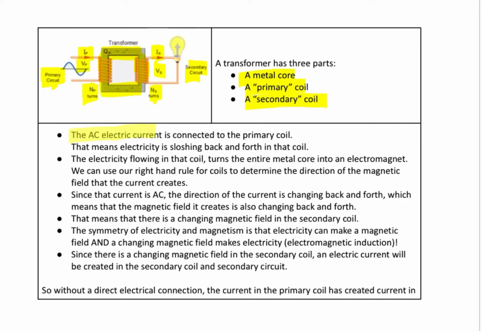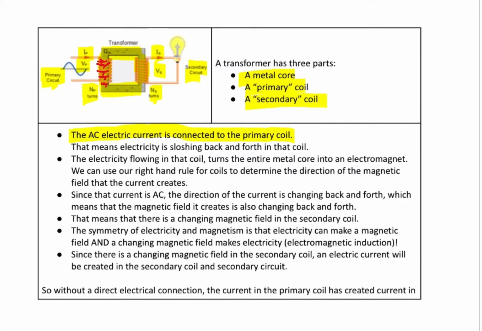Basically, alternating current goes into the primary side. So in this coil over here, these loops of wire over here, the electricity is alternating, going back and forth. Maybe one split second it's going to the right when it's close to us, then the next split second it's going to the left when it's close to us. Let's say it's going to the right.